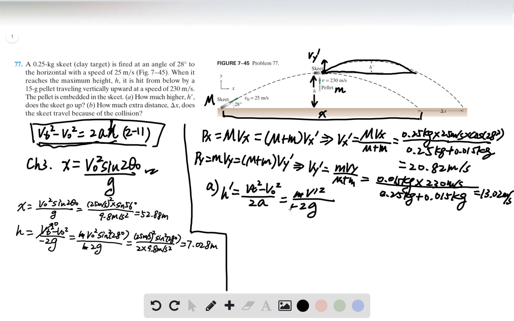And so the negative sign cancels, so it's vy prime squared over 2g. So vy prime, we know it's 13.2 meters per second, squared, over 2 times 9.8 meters per second squared, equals 8.6 meters. So this is h prime.